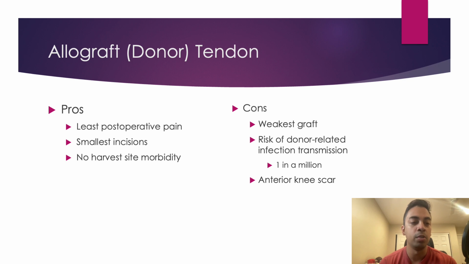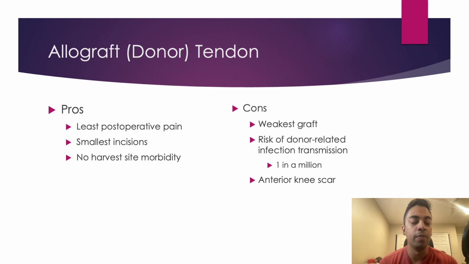And the biggest advantage too is that there's no harvest site morbidity, meaning that, unlike the quadriceps tendon where you're taking a portion of your quadriceps tendon, or the patellar tendon where you're taking a portion of the patellar tendon, you're using a donor tendon. So you still have in continuity all the quadriceps and patellar tendon.